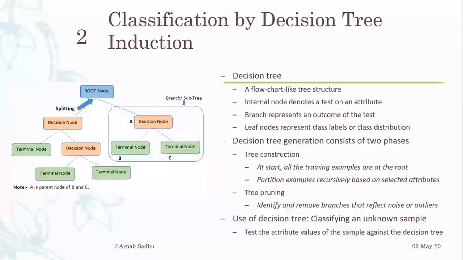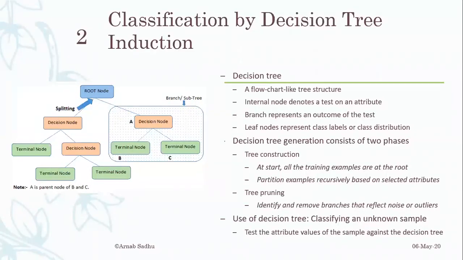So as we have discussed, what is a decision tree? It's a classifier, obviously a supervised technique of learning. It's a flowchart-like tree structure where internal nodes denote a test on an attribute and branches represent an outcome of the test. Decision tree generation consists of 2 phases.